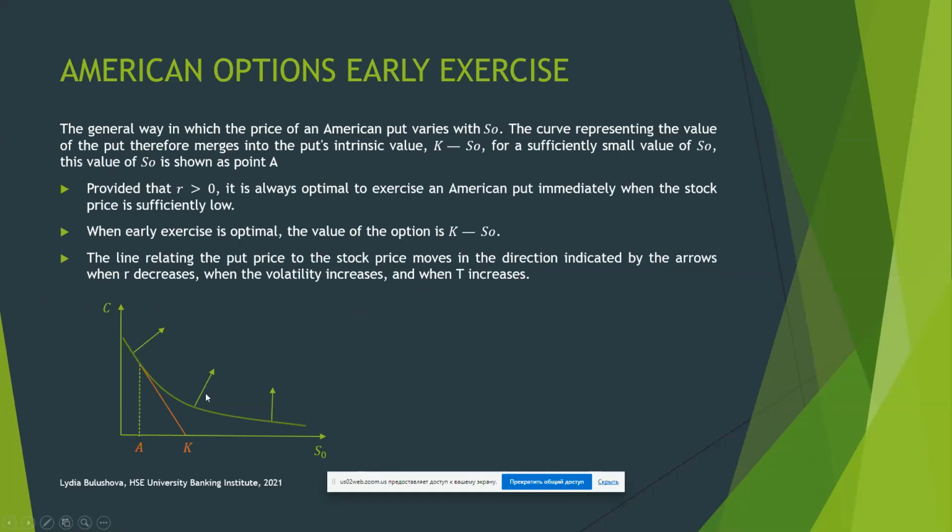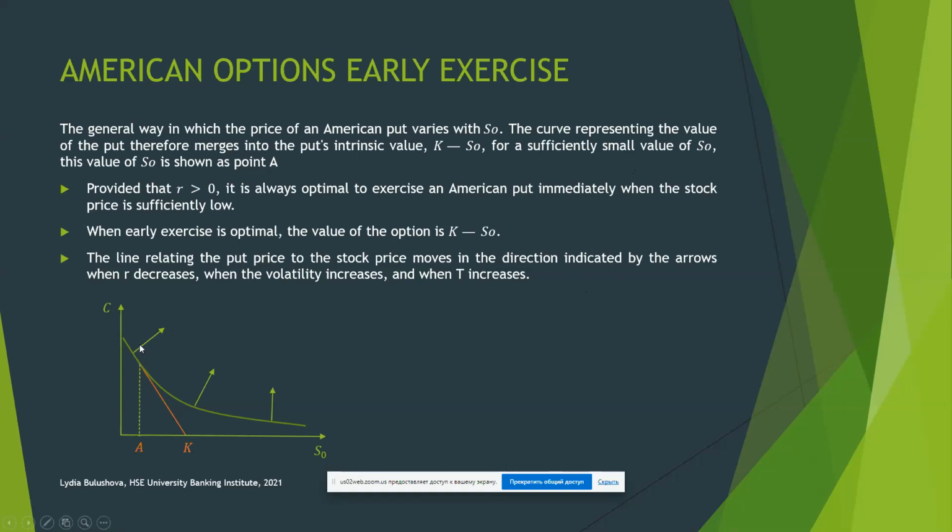And we can see these green arrows, that's the price of a put option, tend to move upwards. For a sufficiently small value of an underlying asset, we have this point. So here is the price, here is 0, and this is a sufficiently small value.